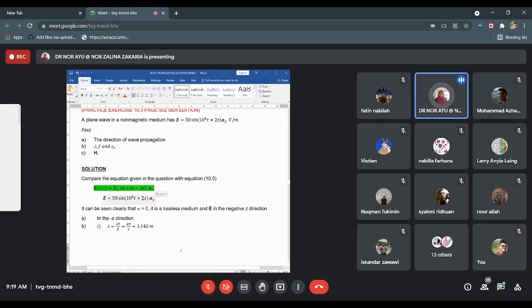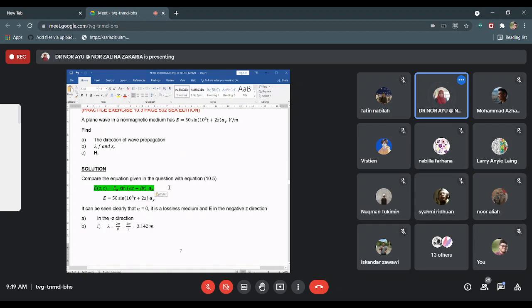So that will be negative z directions. Okay, the opposite way kan. So it will be negative z directions. So you look here. So this is z. Kalau ikutkan asal dia adalah negative beta z because of given to you is plus 2z. So it means that your direction will be negative z directions. And then the directions of your E field will be ay.